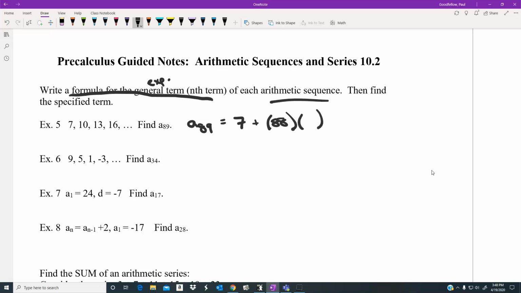You have to look at these to decide what the common difference is. Definitely starting at 7, the common difference is an addition of 3. You have to make sure it stays consistent enough so you can identify it. So that would be a 3, and that answer would add up to 271, and that'd be the 89th term.